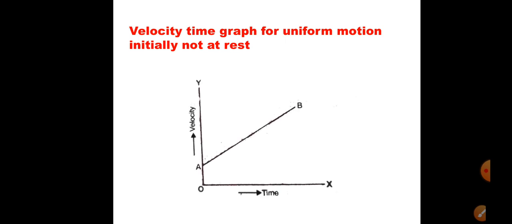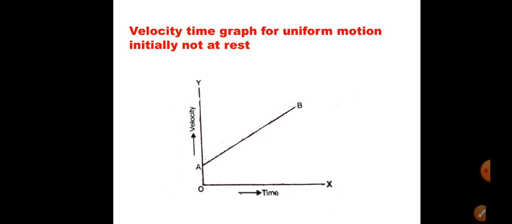Initially moving with some velocity means, suppose it is moving with the velocity 10 meter per second, then it is attaining a velocity 60 meter per second. Then we cannot consider the body was initially at rest. We have to consider the body was moving with 10 meter per second and the final velocity attained is 60 meter per second. So the graph for uniform motion initially not at rest is a straight line.